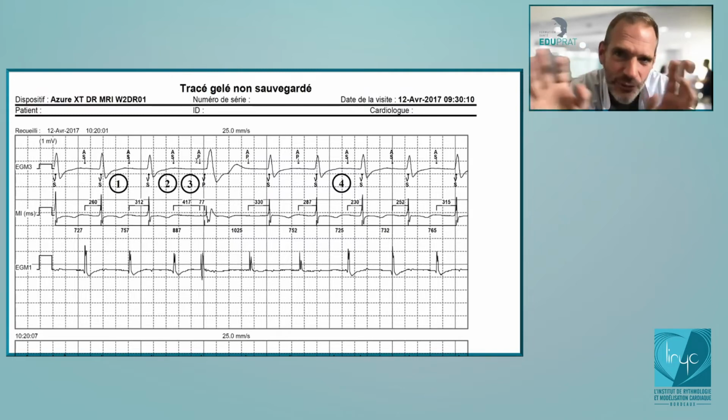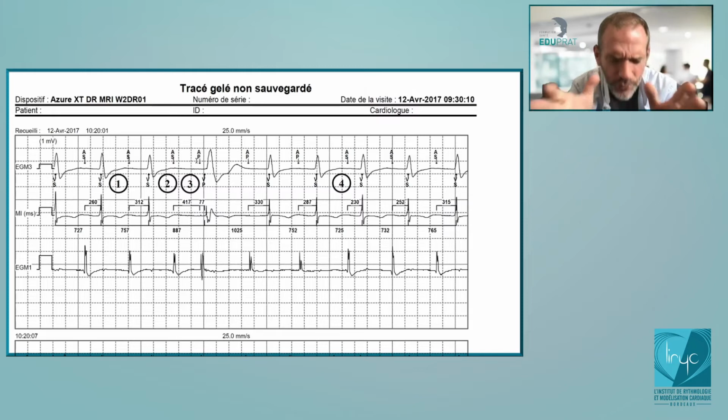There are some details of the algorithm which are not important, but what you need to remember is that at minimum, it will wait for 420 milliseconds. If there is no R wave, it will pace the atrium and the ventricle with a short AV delay. Here it's one blocked P wave; you need to have 2 out of 4. If there is no 2 out of 4, it will remain in AAI, and that's the case here.